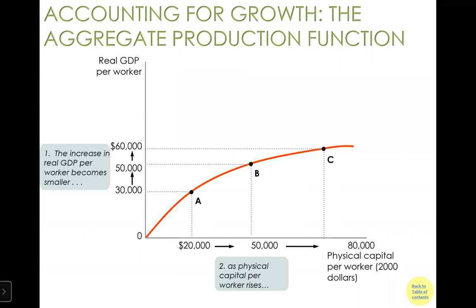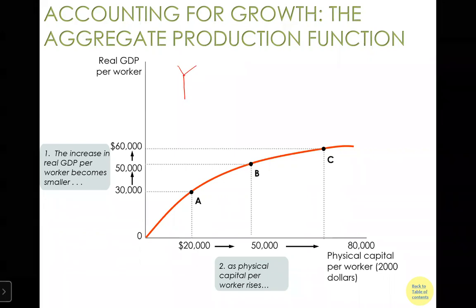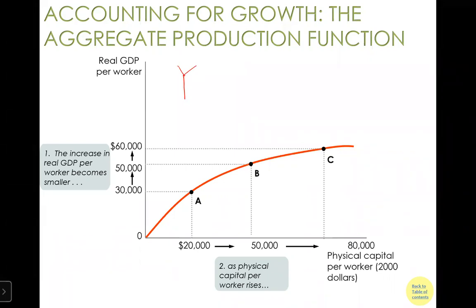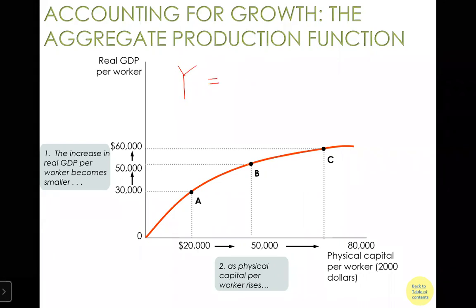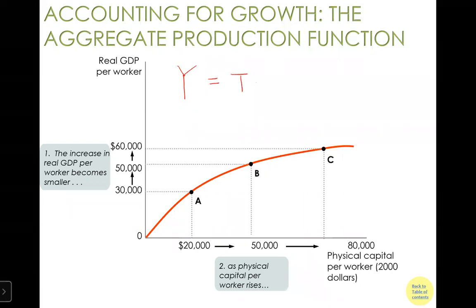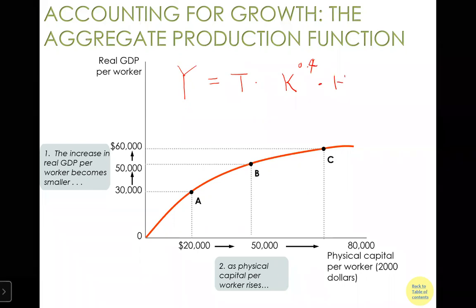This slide is going to visualize the production function we just talked about. Let me reproduce it. Let's use Y to stand for productivity, which is real GDP or real output per worker. Y equals T times physical capital times human capital.